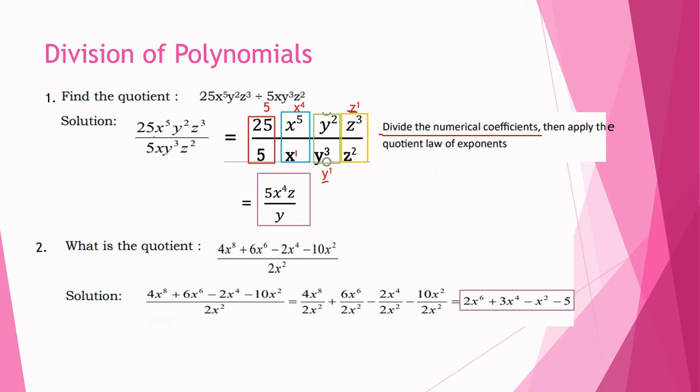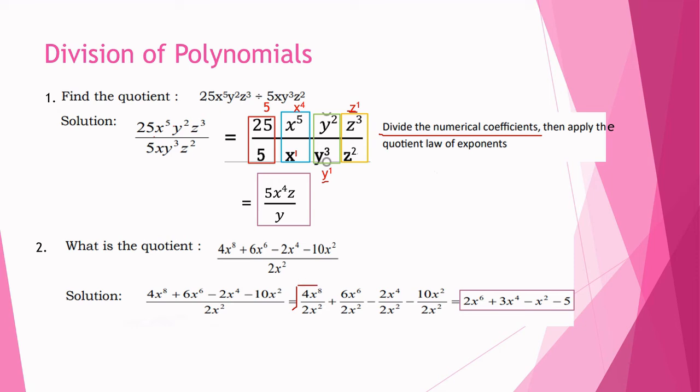Next, what is the quotient of 4x to the 8th plus 6x to the 6th minus 2x to the 4th minus 10x squared all divided by 2x squared? So this is dividing polynomial by a monomial. So all you have to do is divide each term of the polynomial by the monomial.